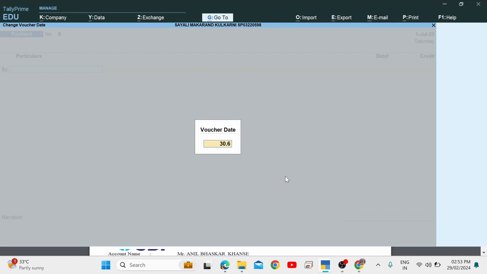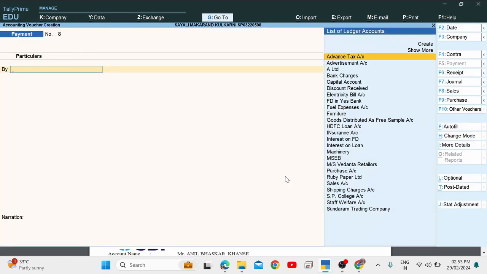Sorry, 30 June is not allowed in Tally. In the educational free version they are not allowing 30 June. So you can pass on 1st July. And this is a non-cash transaction, therefore journal voucher type.